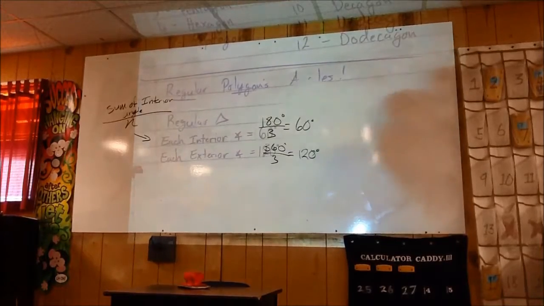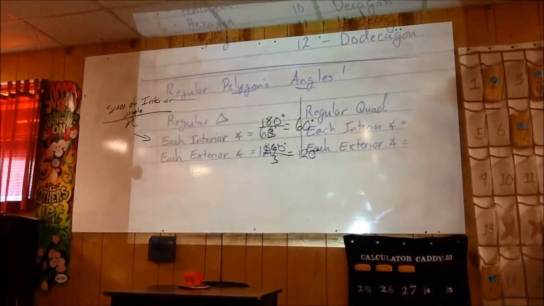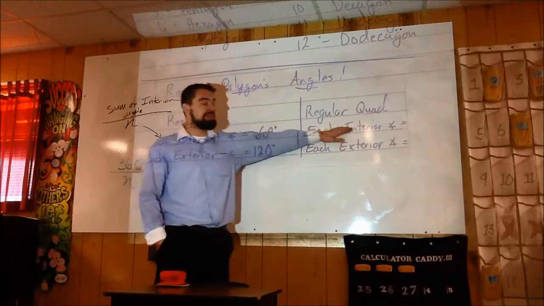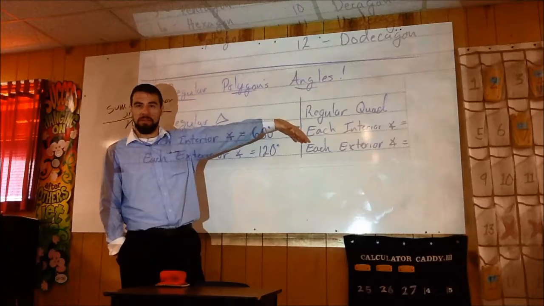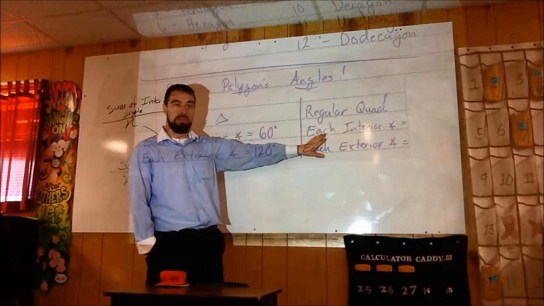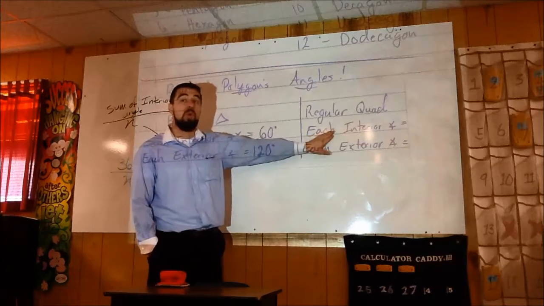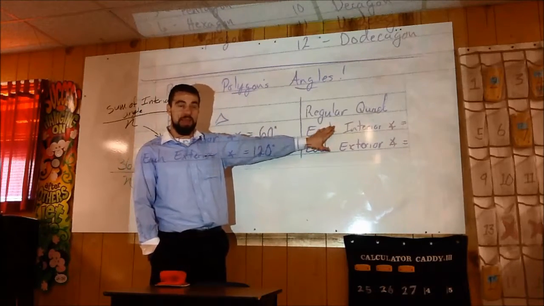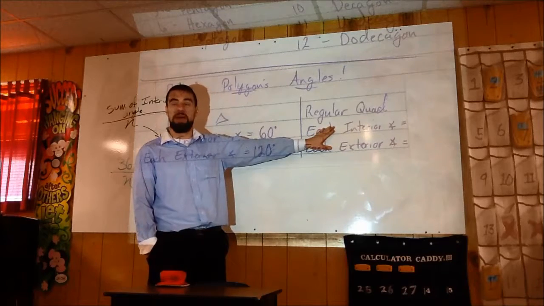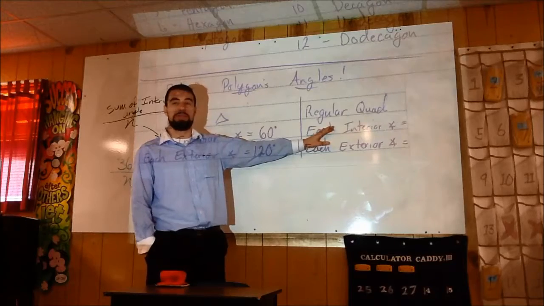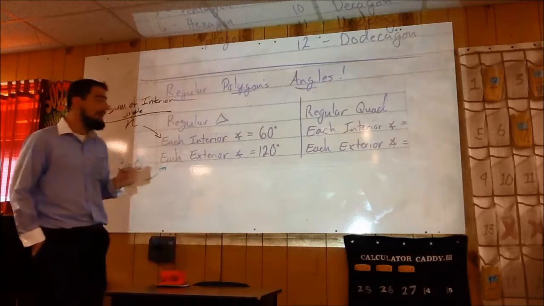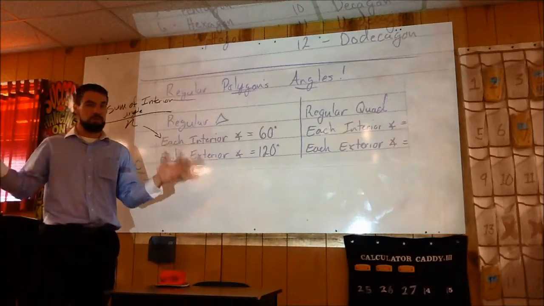I want you to do the same exact thing for a regular quadrilateral. What is each interior angle? What is the sum of the 4 interior angles of a quadrilateral? 360 degrees. If you're using 180, you're dealing with a triangle.